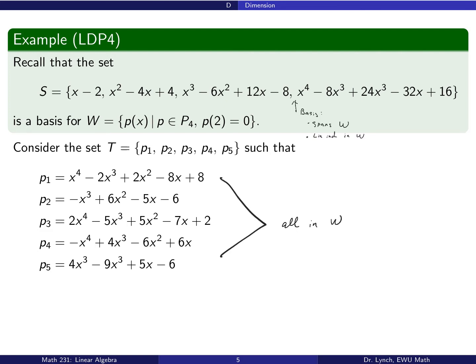So here are 5 elements of W. These are all elements in W. And by our previous theorem, since there are more elements in this set T than in a spanning set for W, then the set T must be linearly dependent. Okay, so again, more elements in T than elements in a set that spans W, therefore T must be linearly dependent.